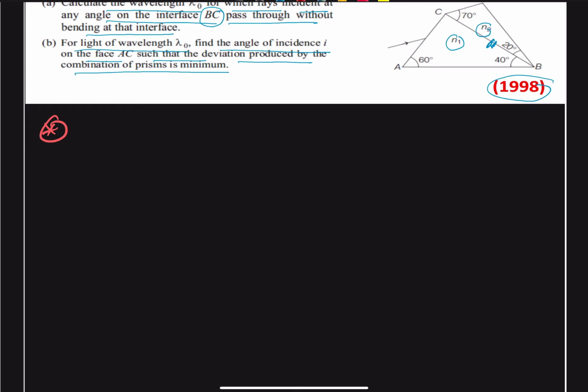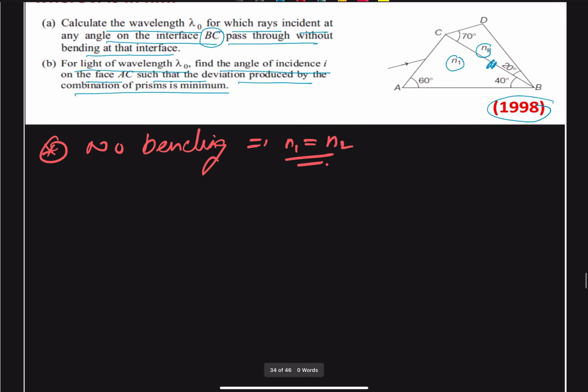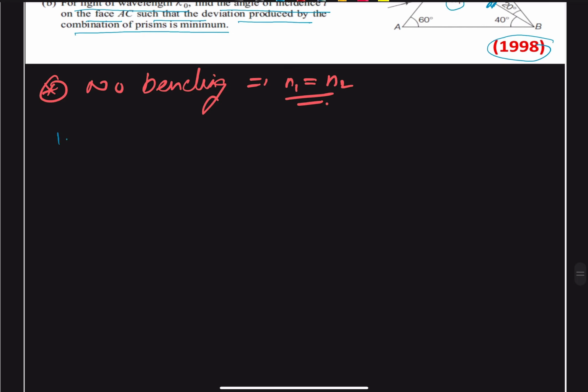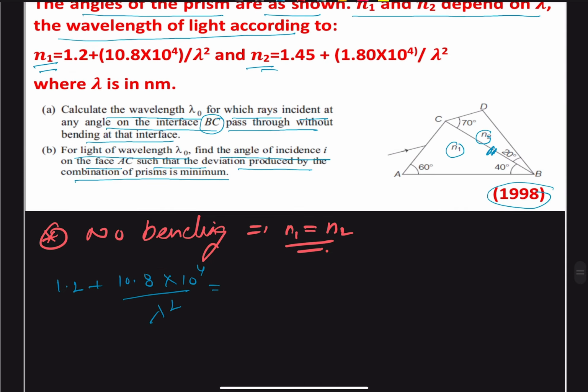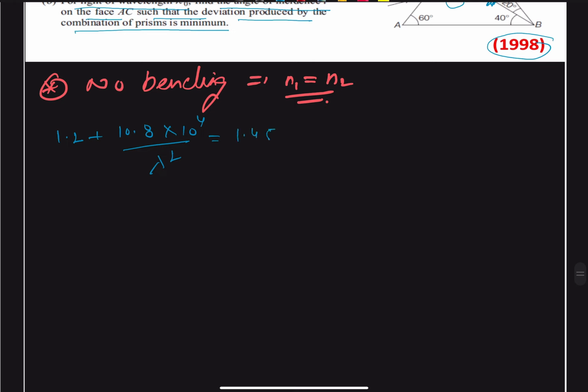So no bending means n1 is equal to n2, and both equations are given to us independently, so we can substitute them and we get 1.2 plus 10.8 into 10 to the power 4 divided by lambda square equal to 1.5 plus 1.8 into 10 to the power 4 divided by lambda square.